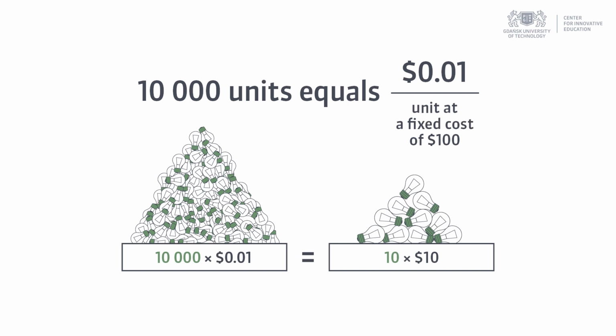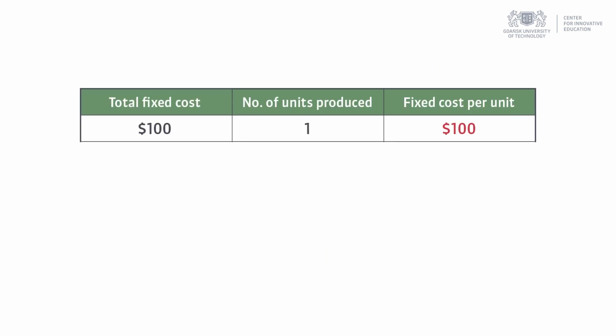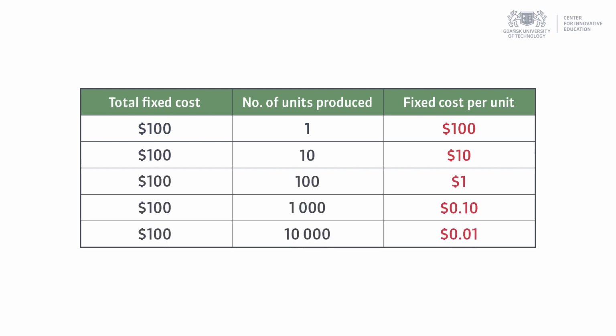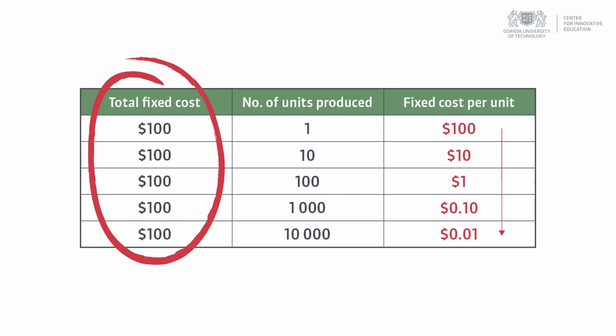With 10,000 units, the fixed cost per unit is only 1 cent. And with 10 units, it is $10. Looking at the fixed cost per unit of production, it can be concluded that the more units a company produces, the lower fixed cost per unit will be, although the level of fixed cost will not change.